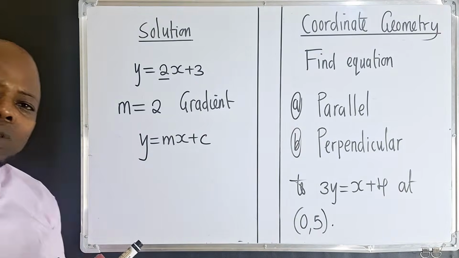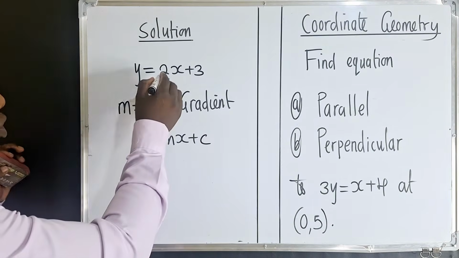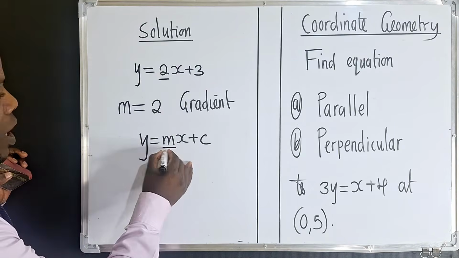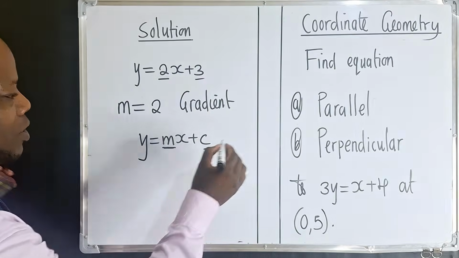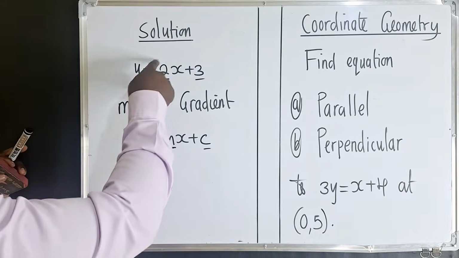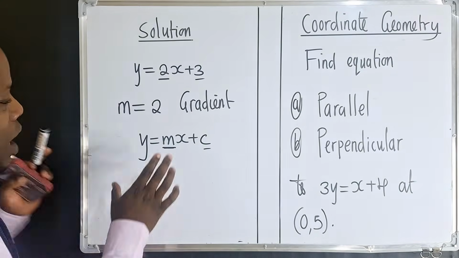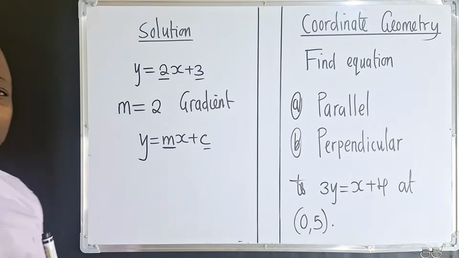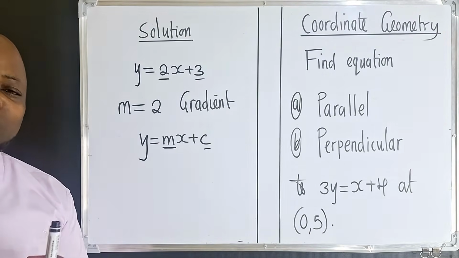So if you're able to see nicely, where there is 2 here, this is our m. It's a gradient. And the number without a letter is our c, which is a constant. So this idea of picking the coefficient here to be a gradient comes from this idea right over here. I hope you get something out of this.